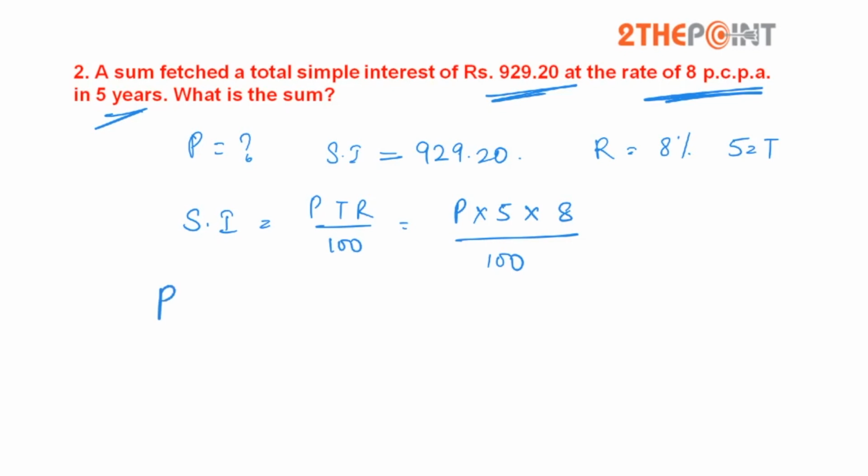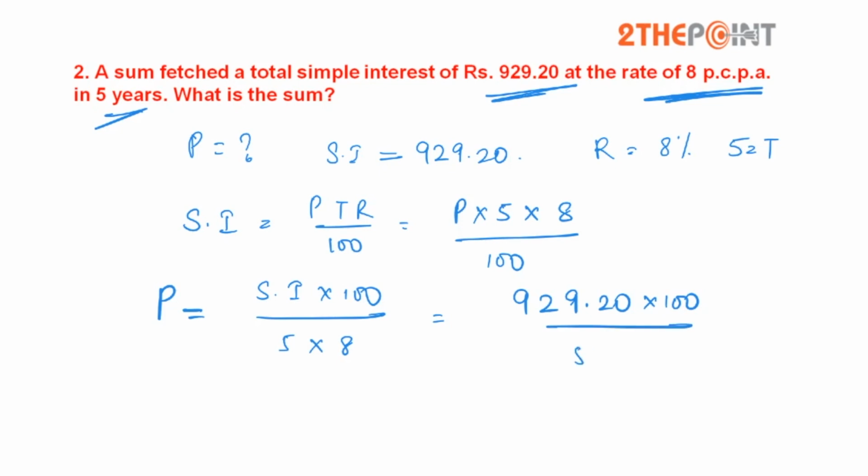Since we are calculating for P, principal is equals to simple interest into 100 by 5 into 8. We know that simple interest is equals to 929.20 into 100 by 5 into 8. Simplify this equation now.